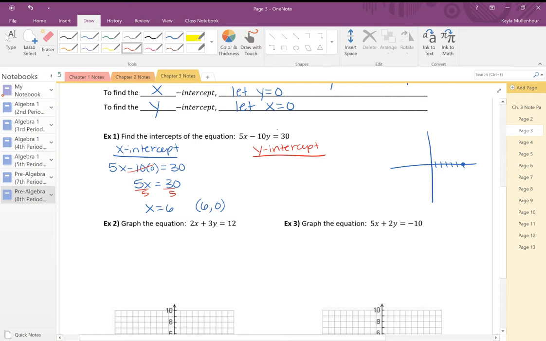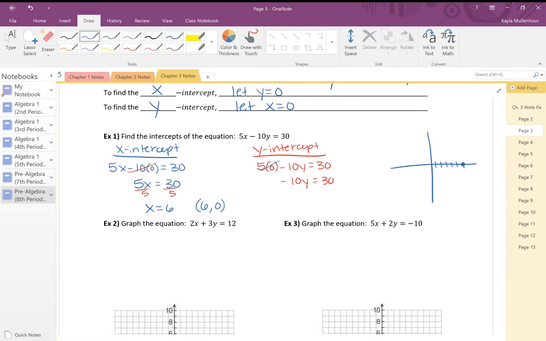So we're taking that same equation we were given, 5, but plugging in 0 for x, minus 10y equals 30. And so now, the first term that had x is going to be gone because you're multiplying it by 0. And what you're left with is negative 10y equals 30.